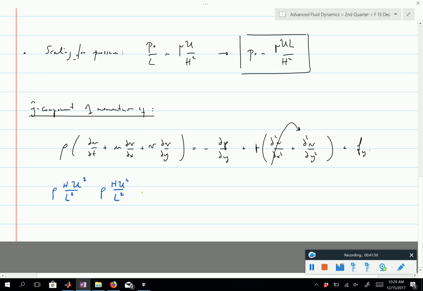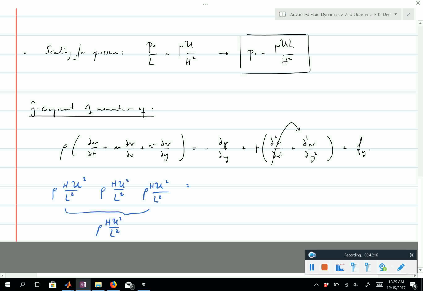This term here will be rho u squared h squared divided by l squared divided by h, so it's going to be the same. Am I correct? Yes. So all of these terms scale with rho h u squared divided by l squared.